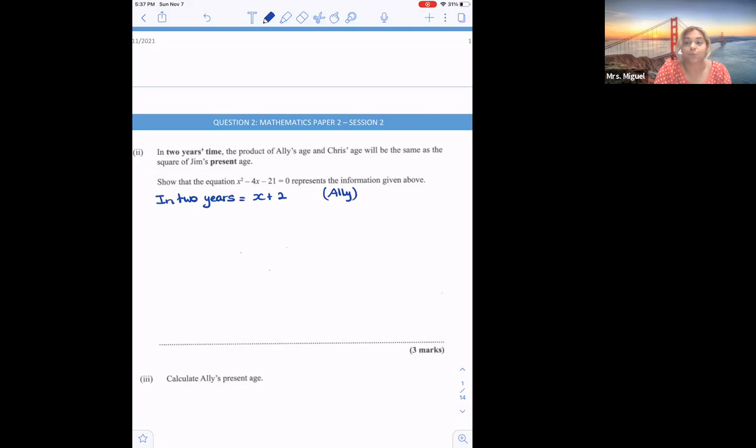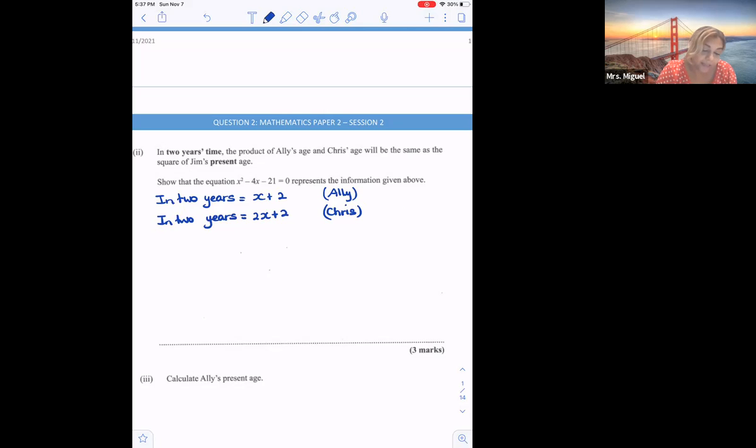Because if she was 5 years now, in 2 years she will be 2 years older, which is 7. In 2 years again, Chris would be 2x plus 2. He would be his present age plus 2.